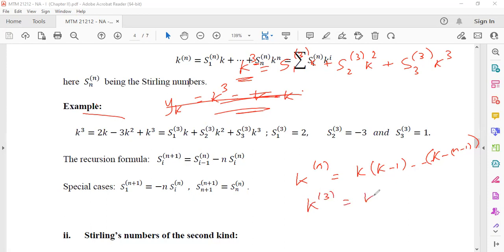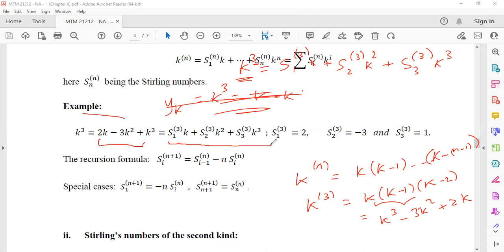You have to go up to one less than that, so k minus 2. If you multiply this out, this will be k cubed minus 3k squared plus 2k. Is that correct? So this is our factorial polynomial, which we are equating to our Stirling numbers.